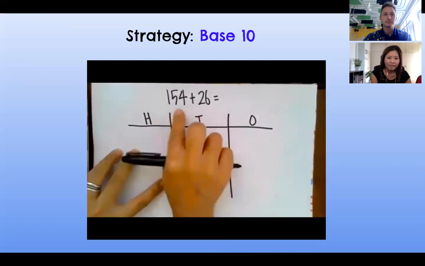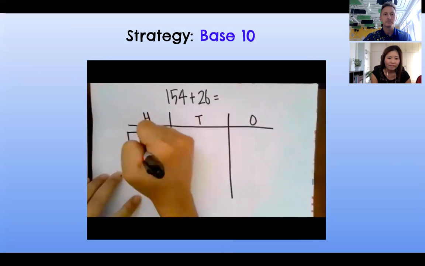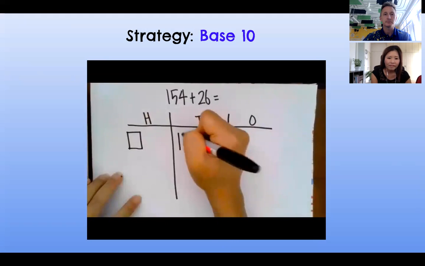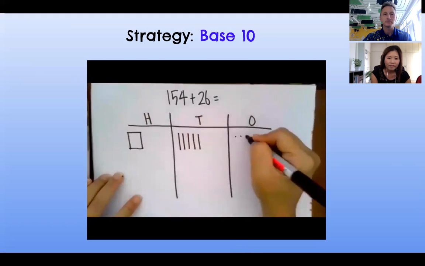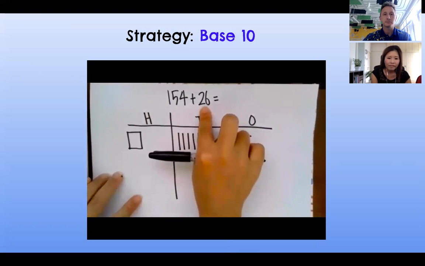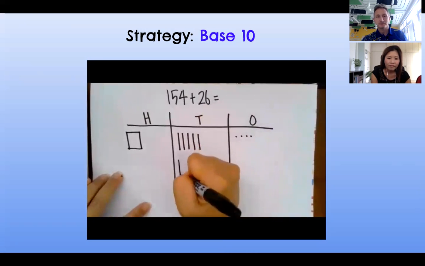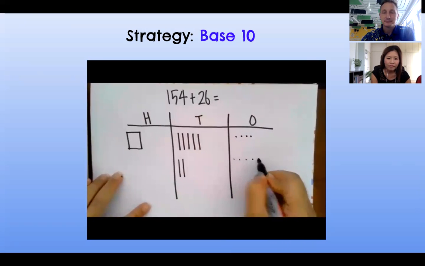So I'm going to start by building the first number, 154. So I have 100 and 5 tens and 4 ones. I'm going to build the second number, 26. I'm going to keep my tens here, 2 tens and 6 ones.